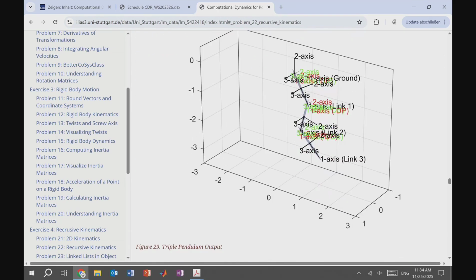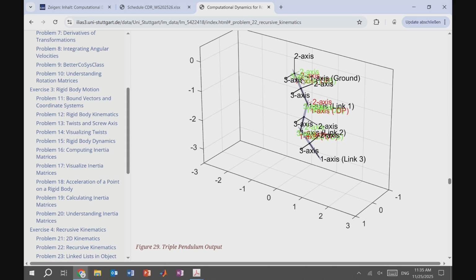On Thursday, we will set up our first true kinematics problem, where you can already see this is a robot with 3 degrees of freedom: 1, 2, 3 rotational joints, 3 bodies, a triple pendulum. Ultimately, we want to run a nice animation.